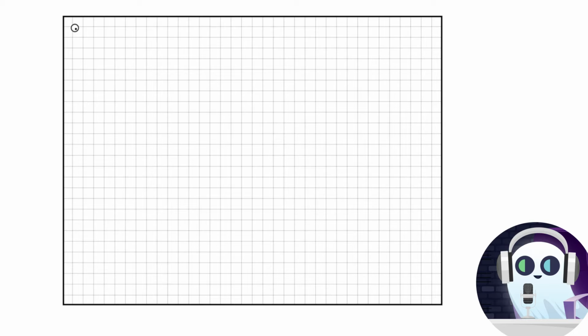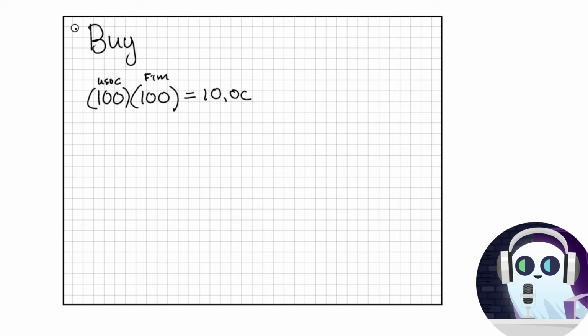The first example I want to cover is a buy. Say we have an AMM with 100 USDC and 100 FTM in it. So K is 100 times 100, which is 10,000.